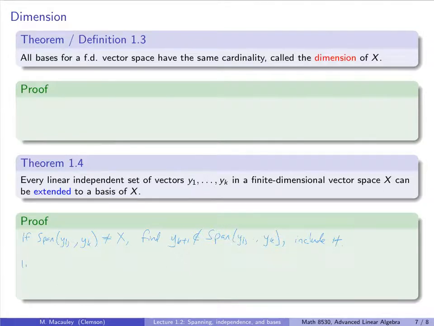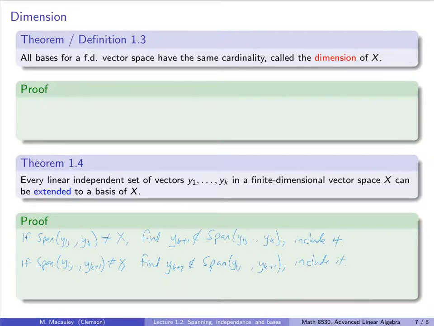Next, if the span of y1 up to yk plus 1 is not equal to X, then find some yk plus 2, which is not in that span, y1 up to yk plus 1, and include it.